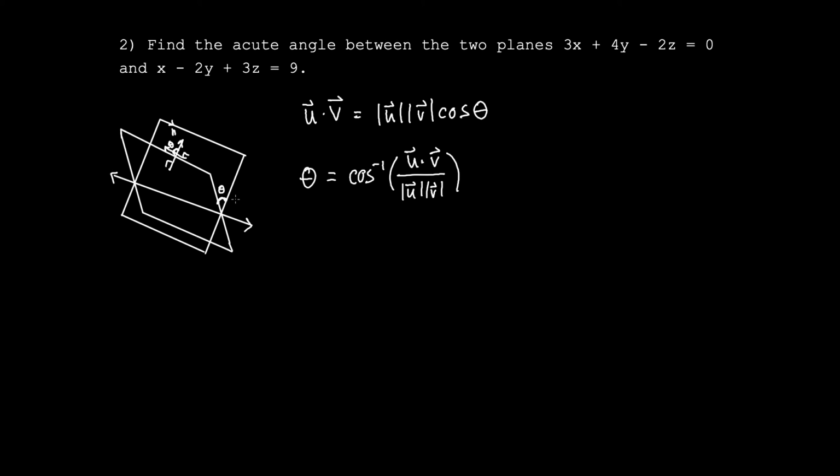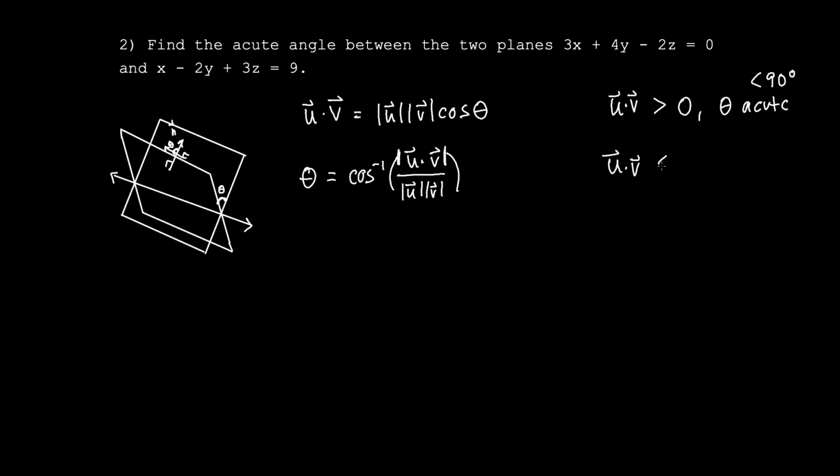Now we can use this to find the angle between the planes, but there's a catch. This time we want to add absolute value signs to the dot product, because remember we talked about how if the dot product is greater than 0, it means that the angle is acute, or less than 90 degrees.